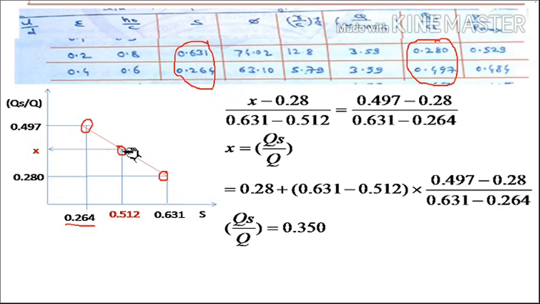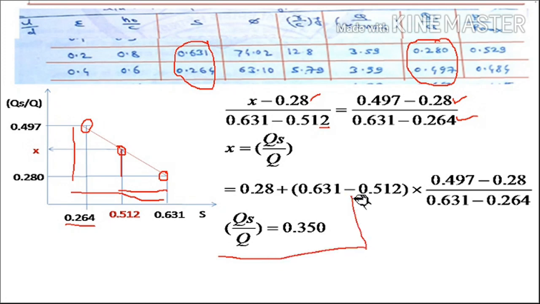Again I am using similarity of triangles: this height divided by this base, and the height of the bigger triangle divided by the base of the bigger triangle. So I am getting this Qs by Q, which is equal to 0.350.